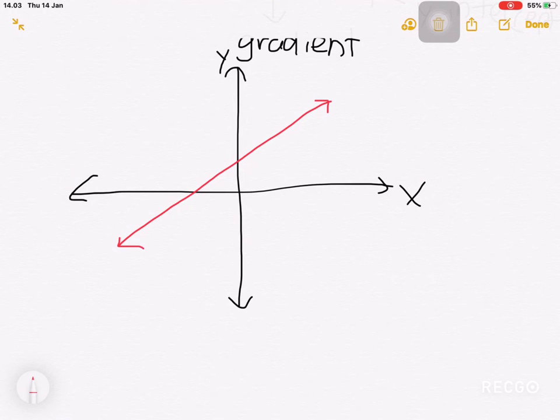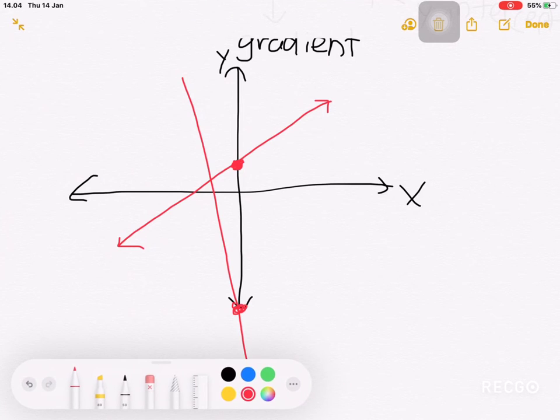Basically, it is a point where the line or the graph intersects the y-axis right here. Linear functions only intersect the y-axis exactly once. So no matter how steep it is, it will always intersect at some point right here, for example.